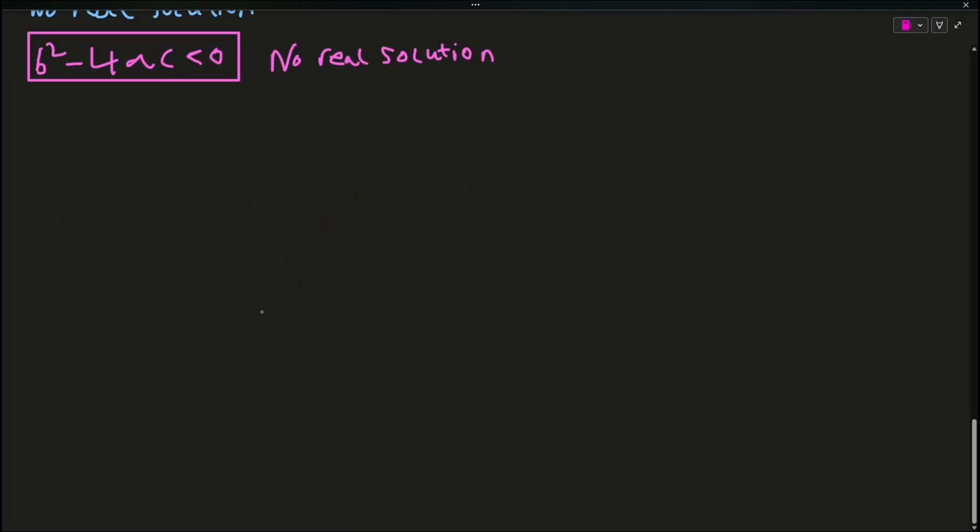Okay, now last example, where there's only one solution. So let's say we have 3x squared minus 6x plus 3 is equal to 0.